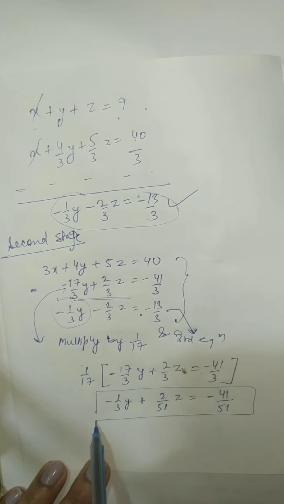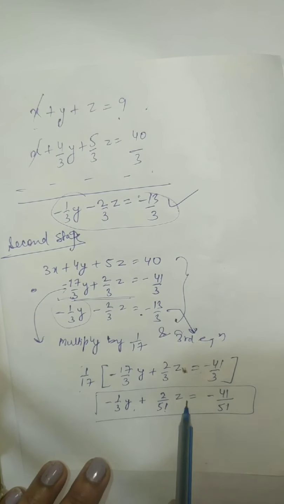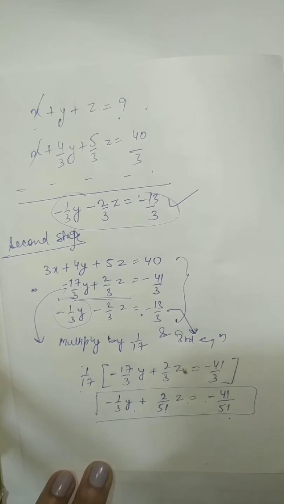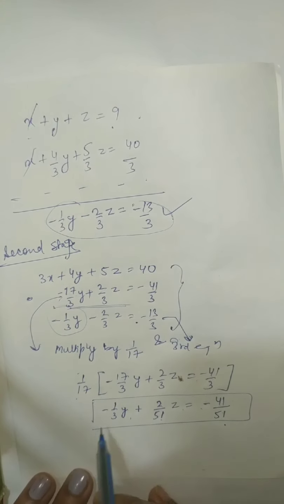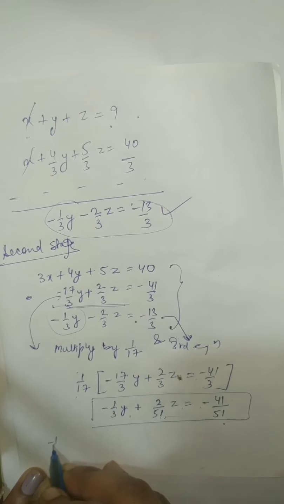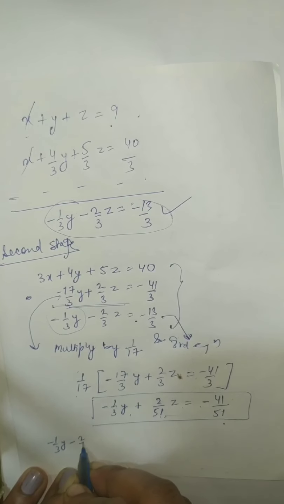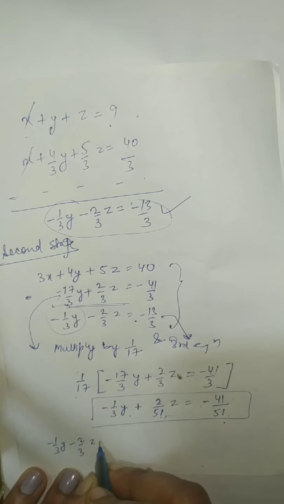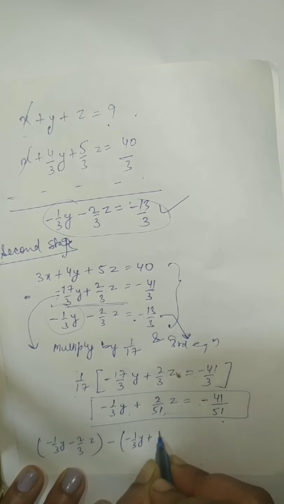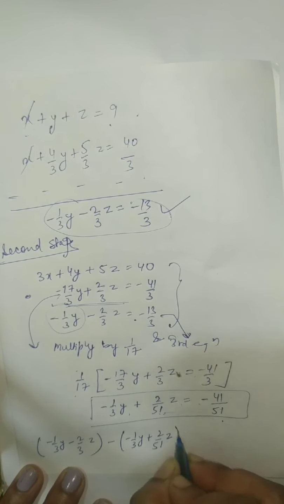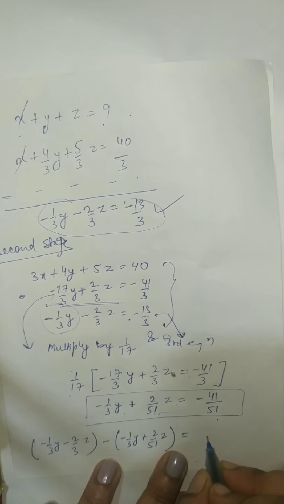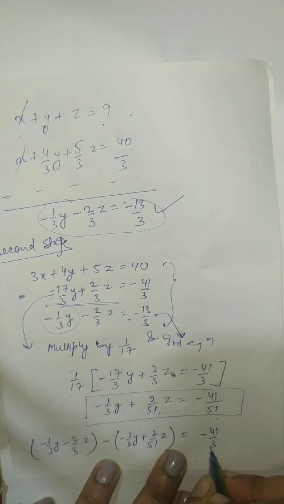After multiplying the second equation by 1 by 17, we get this equation: minus 1 by 3 y plus 2 by 51 z is equals to minus 41 by 51. Then we subtract this from the third equation, which is minus 1 by 3 y minus 2 by 3 z is equals to minus 41 by 3.